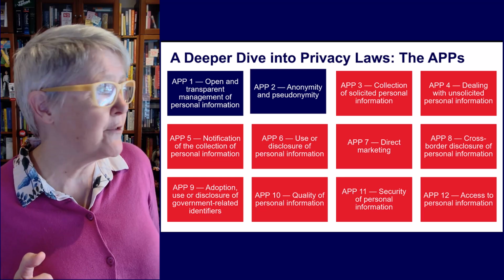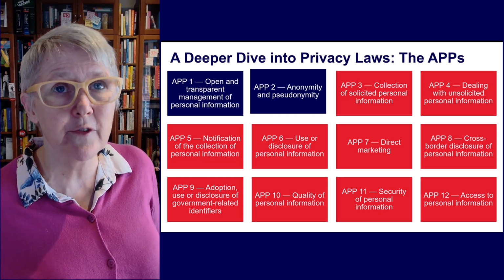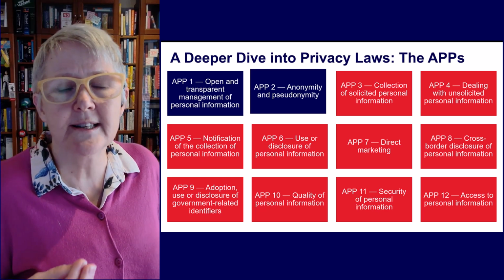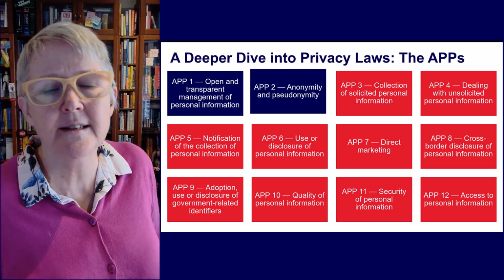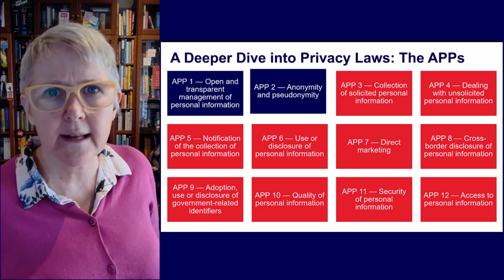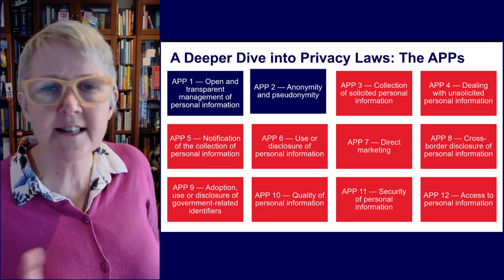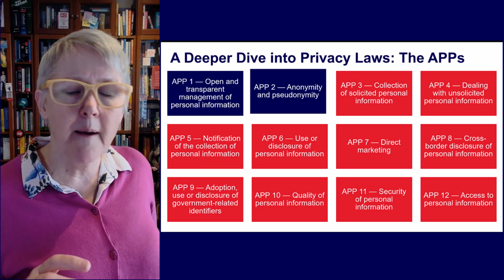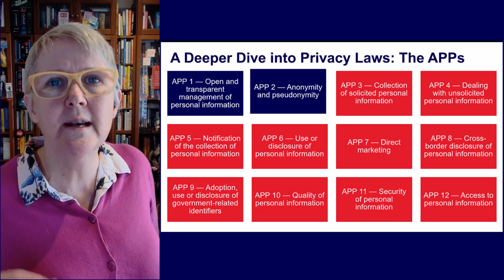If it doesn't, if it requires a whole lot of personal information, your full name and your email address and date of birth before it will answer a query about your electricity bill, then chances are it is not complying with that APP2.